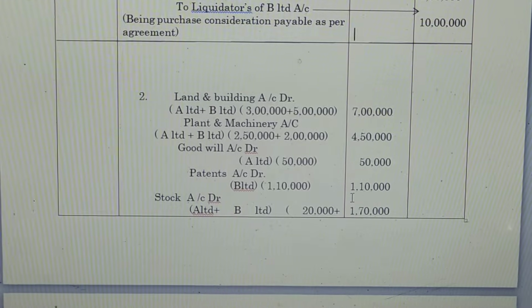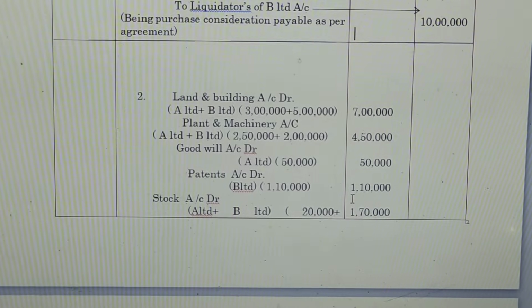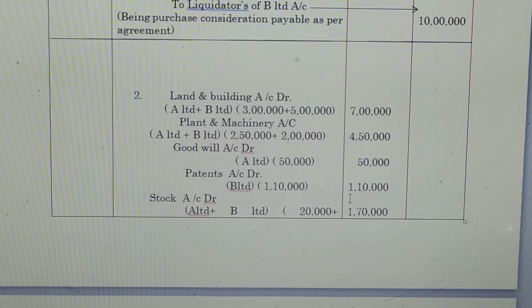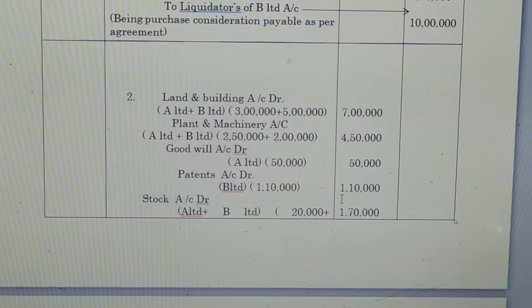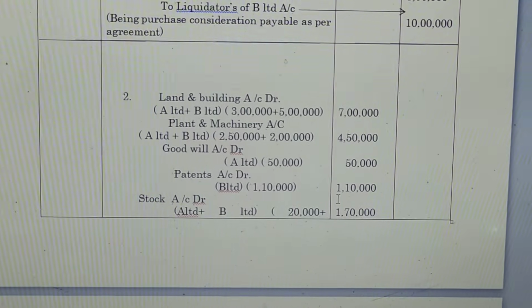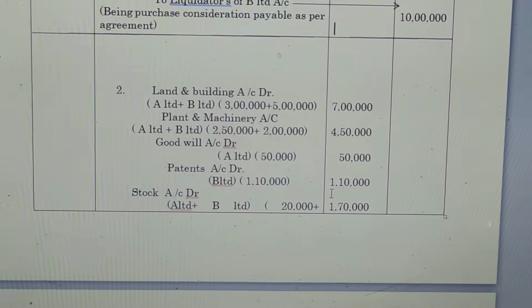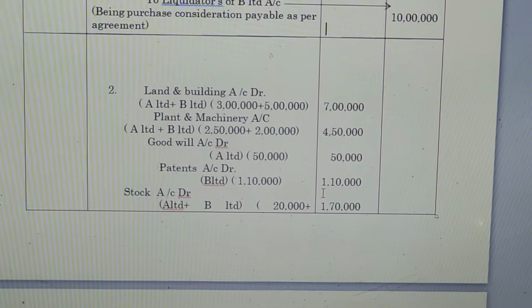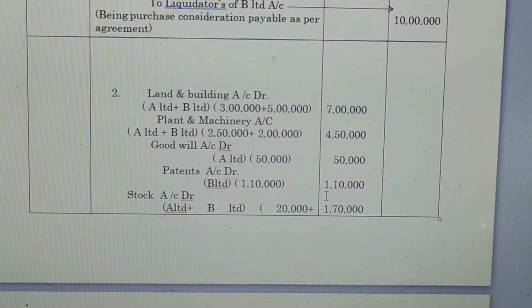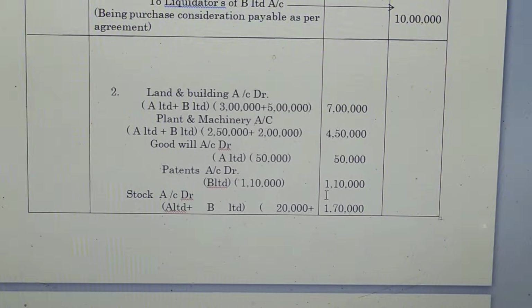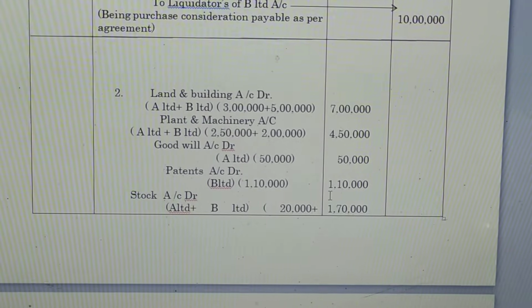And journal entry 2: land and building account debit for both companies A and B. The total amount is 7 lakh, which we mention on the debit side. And plant and machinery account debit for both companies, the total amount is 4,50,000. And goodwill account debit for A Limited, the amount is rupees 50,000.